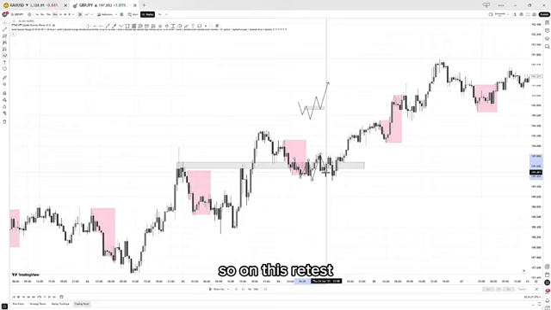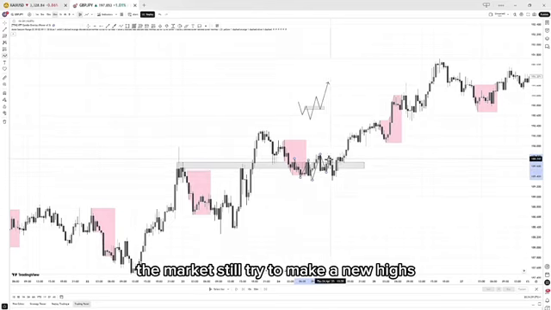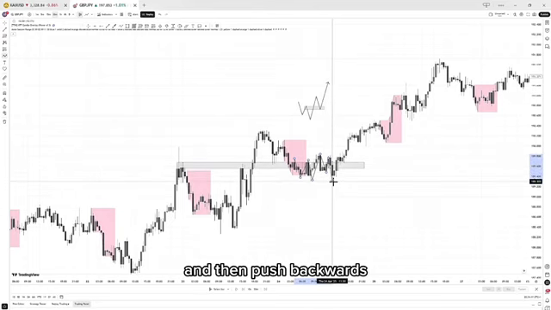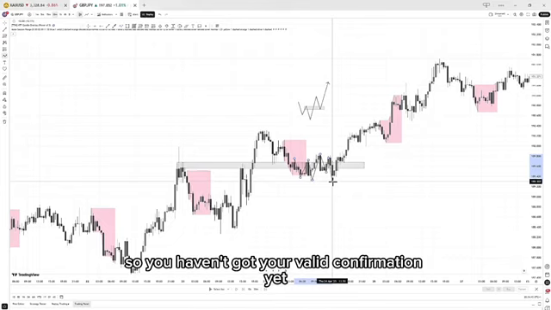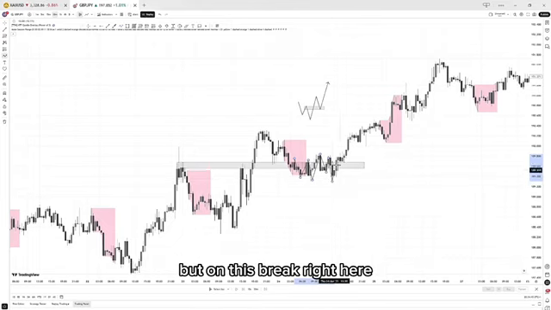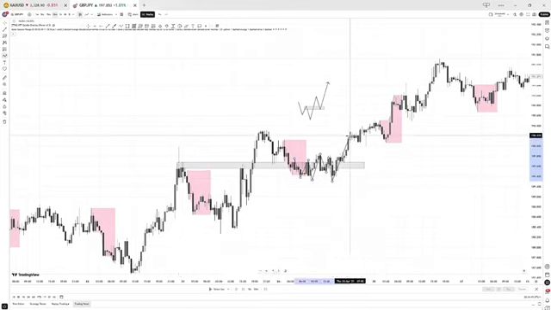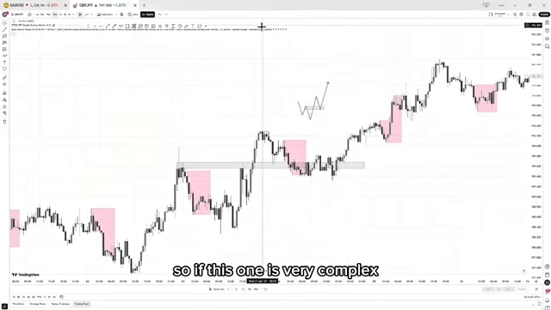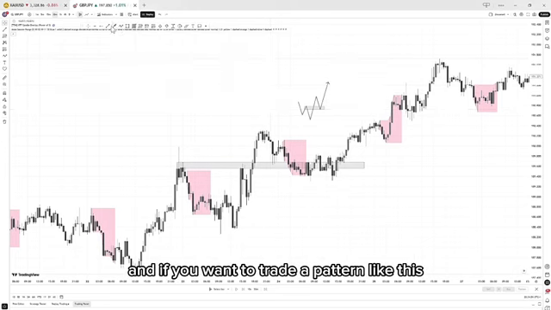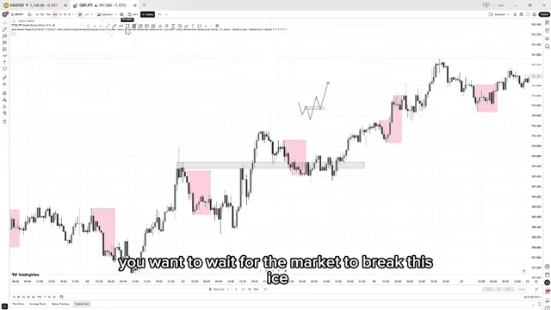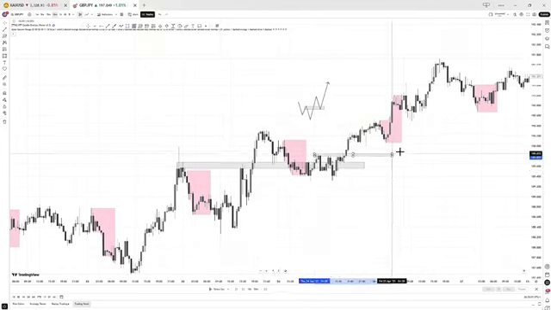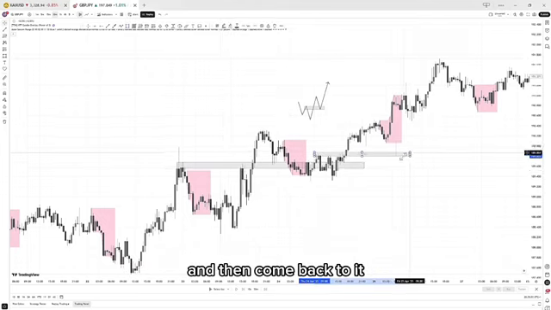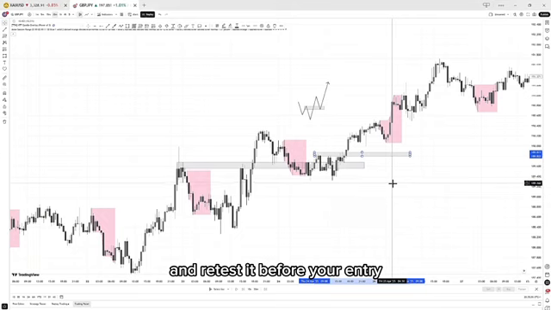So on this retest, the market still tried to make new highs and then pushed backwards. So you haven't got your valid confirmation yet, but this break right here was your bullish confirmation. If this one is very complex and you want to trade a pattern like this, you want to wait for the market to break these highs and then come back and retest it before your entry.